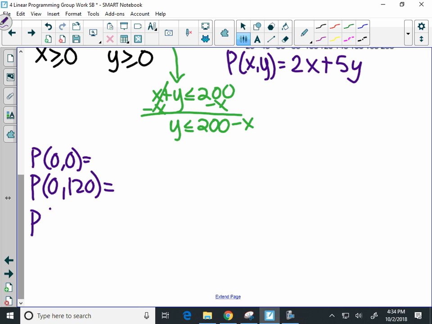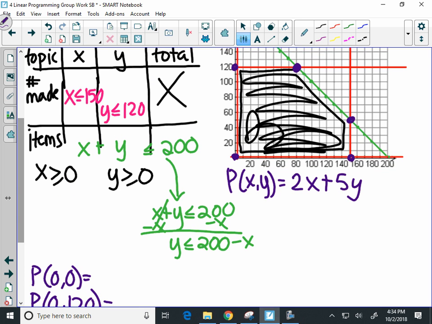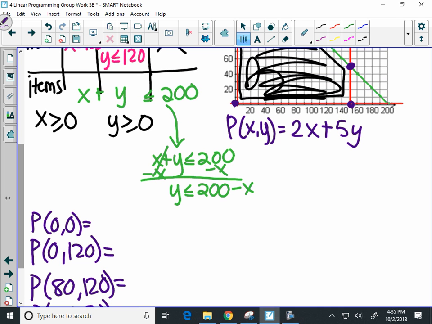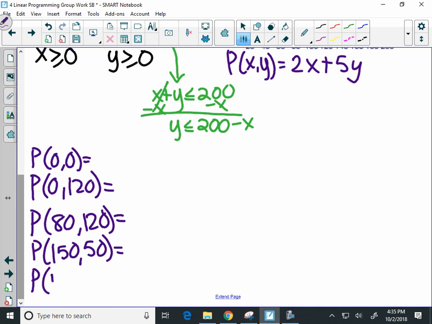So you want to find the profit of making 80 hats, 120 pairs of mittens. Then we have 150, 50. So the profit of 150 hats, 50 pairs of mittens. And finally, 150, 0. So what if you made 150 hats each week and no mittens?